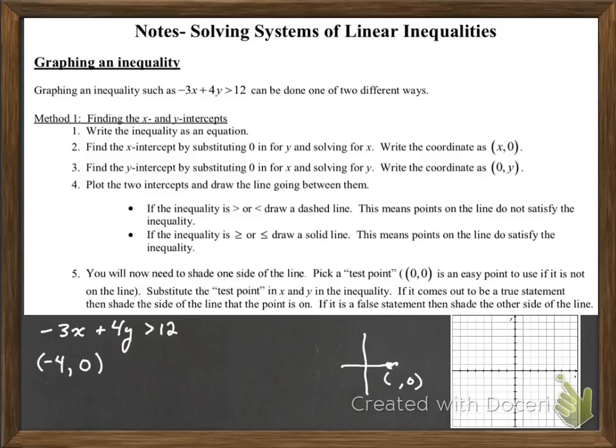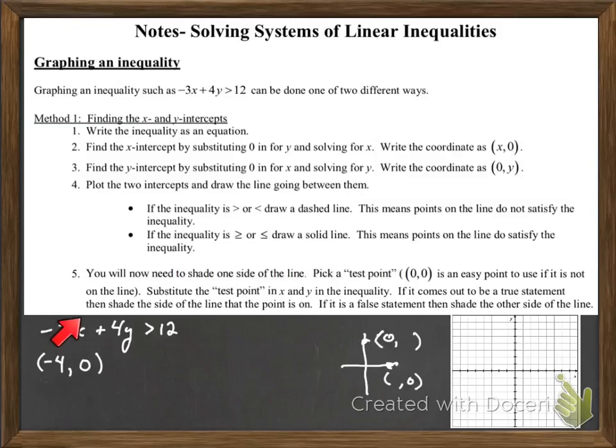So that is going to be your x-intercept. For a y-intercept, your x value is always 0. So that means if we put 0 in for the x, this term will go away because it'll be 0.